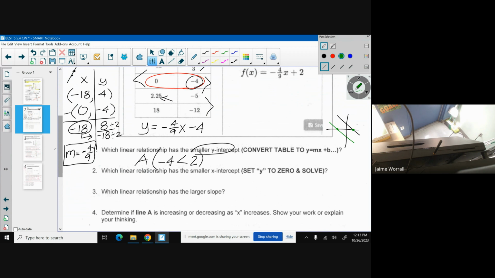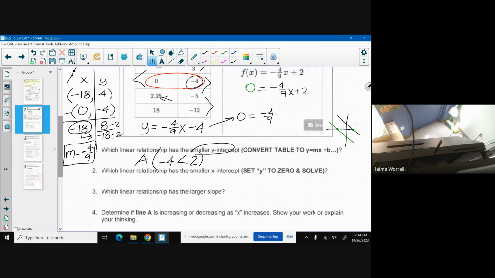Just plug in 0 here, plug 0 in here. Go ahead and calculate, see what you come up with.